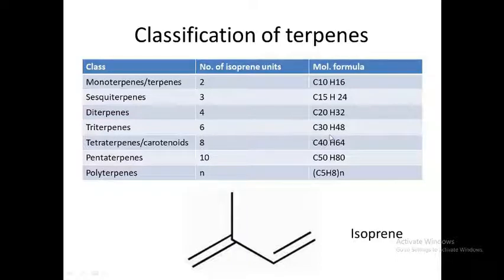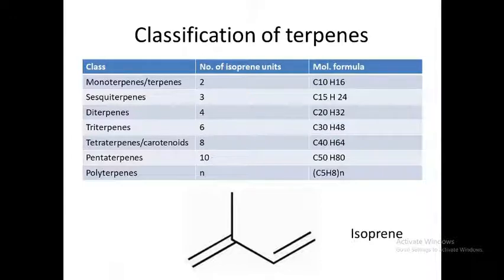So molecular formula C30H48. Then next is tetraterpenes, or also known as carotenoids, which consist of 8 isoprene units. So molecular formula C40H64. Then next is the pentaterpenes, which consist of 10 isoprene units.